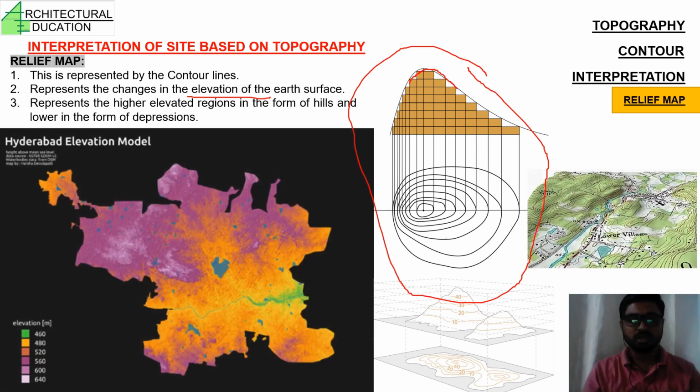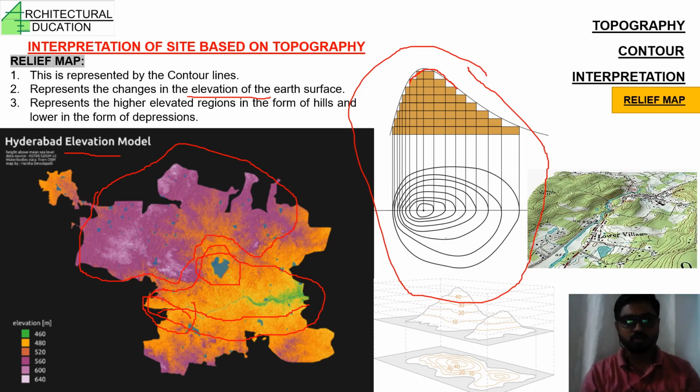If you see the Hyderabad elevation model, we can find that these are the areas at higher surfaces and these are the areas at lower surfaces. If you see the actual water movement on a broader aspect, the central line is the Musi river. We have other rivers and lakes over here, and this is the Hussain Sagar lake.